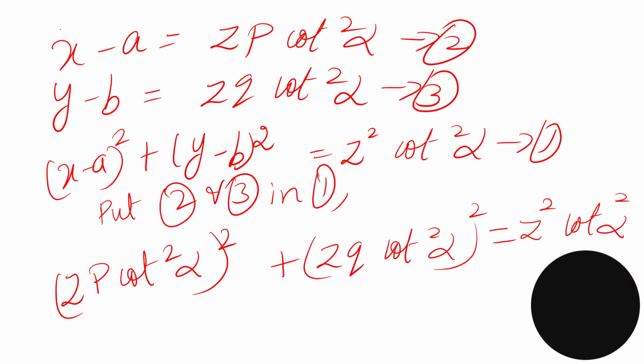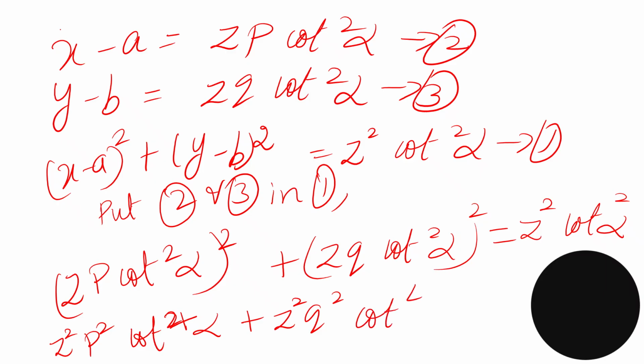Now apply the square inside: z square p square cot power 4 alpha plus z square q square cot power 4 alpha equal to z square cot square alpha. In this equation z square is common, so cancel the z square, and divide with cot square.